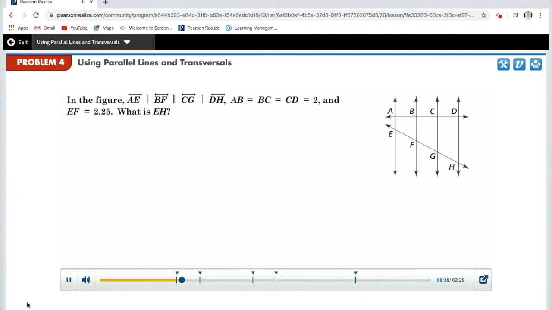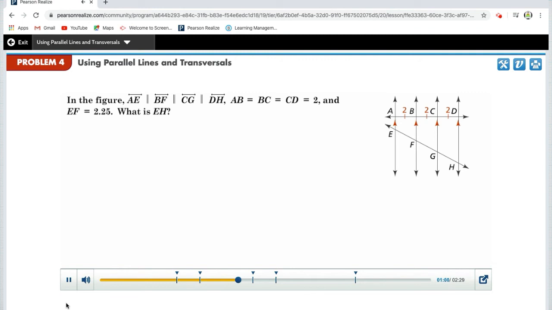You know that line AE is parallel to line BF, which is parallel to line CG, which is parallel to line DH. You also know that the length of segment AB is equal to the length of segment BC, which is equal to the length of segment CD, which is 2.